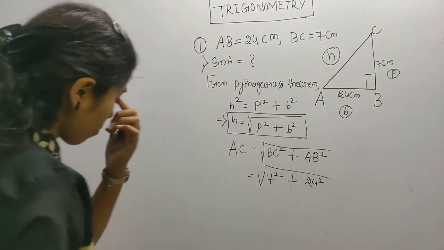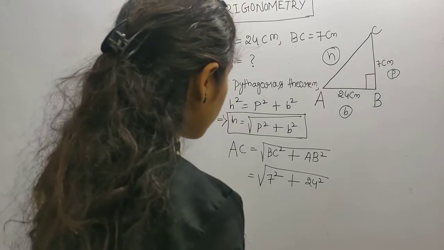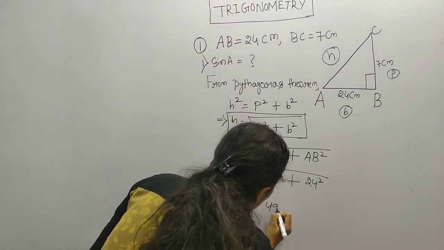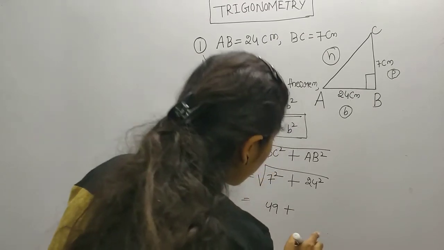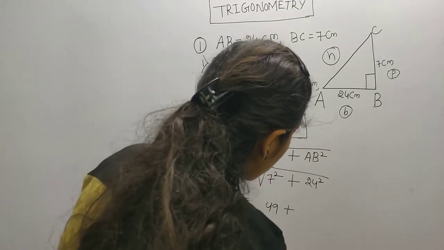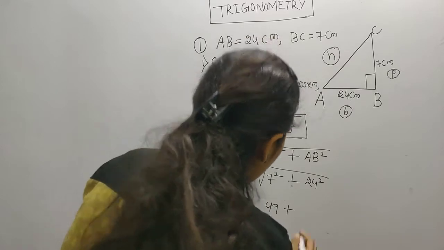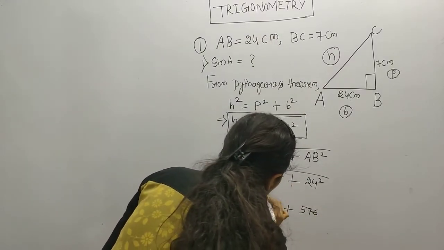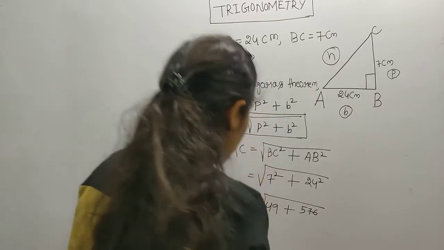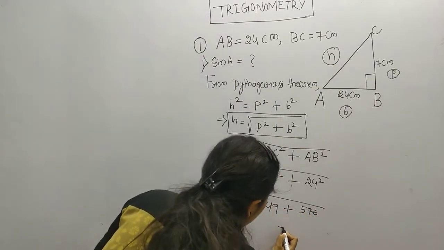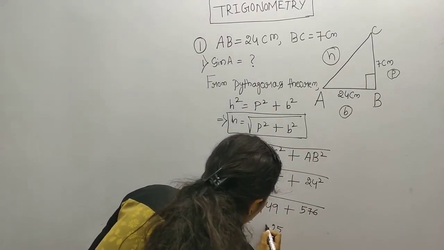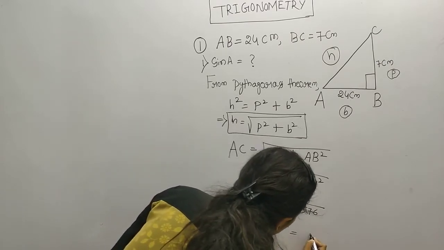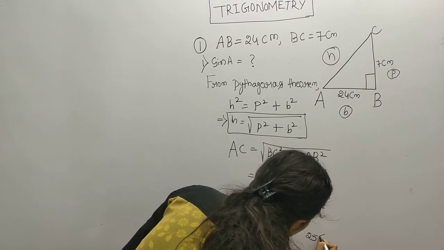Equals the root of 7 square, which is 49, plus 24 square, which is 576. So the root of 625 is 25.